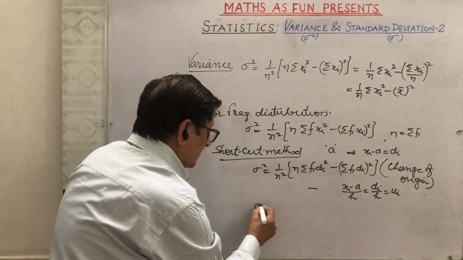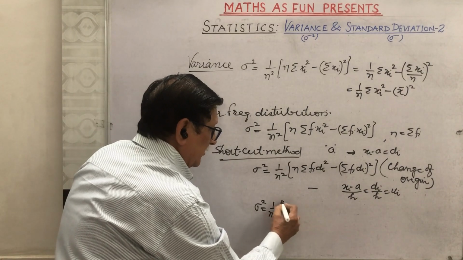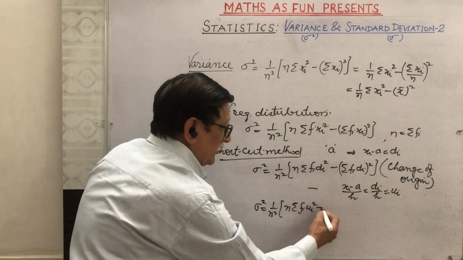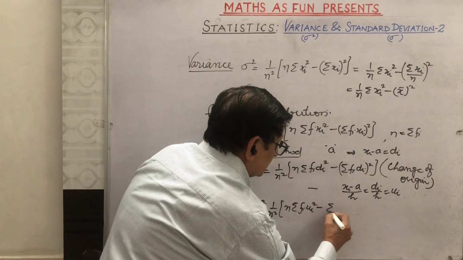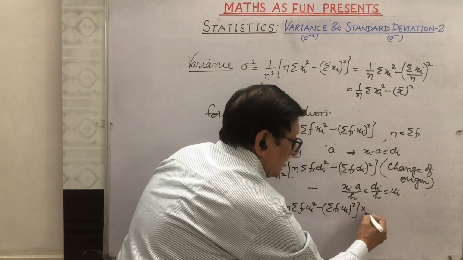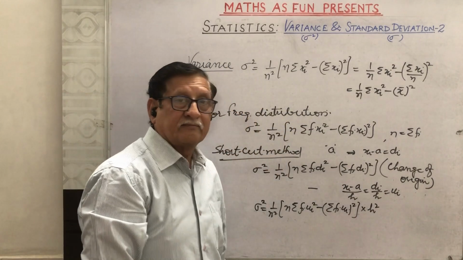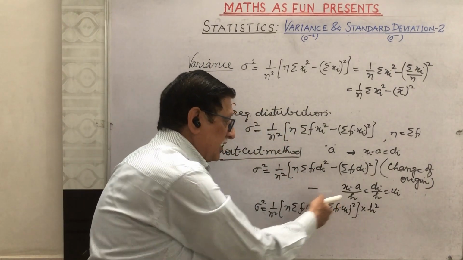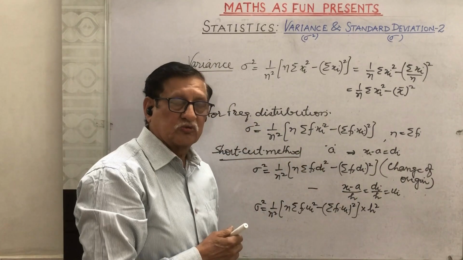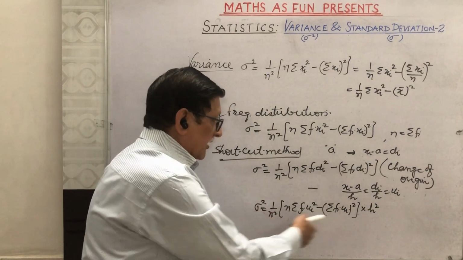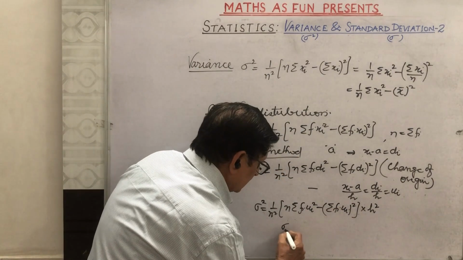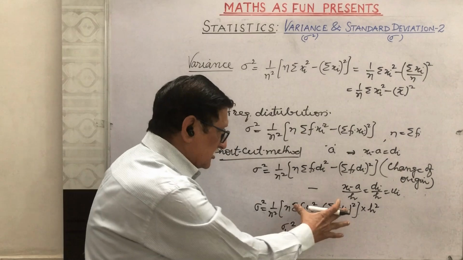In that case, sigma square variance becomes 1 upon n square, n into sigma fi into ui square minus sigma fi into ui whole square into h square, because we are dividing this by h and these both are squares. So we have to multiply by h square. We can also say only this part as sigma ui square. This is this part only.